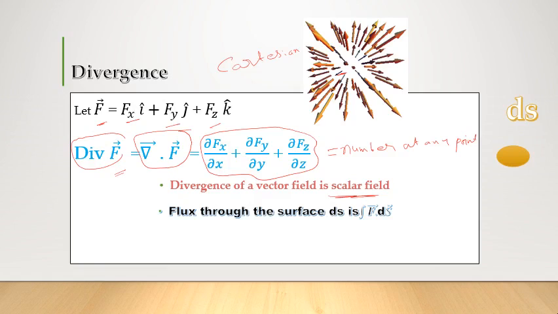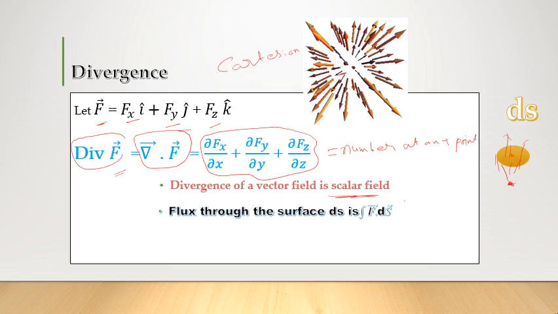Now to give a geometrical interpretation or meaning, I have to define something called flux. Let us say I want to calculate divergence at this point. Then the electric field is coming out of this small patch ds.